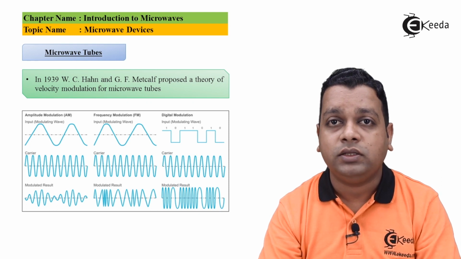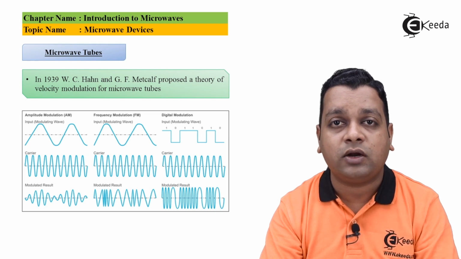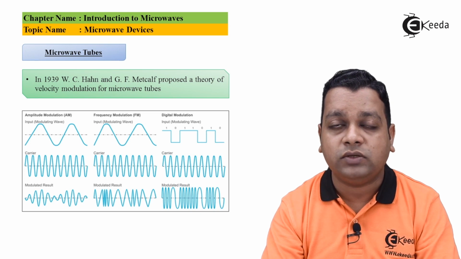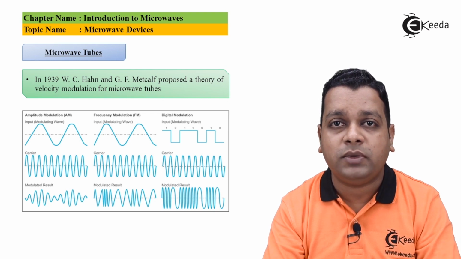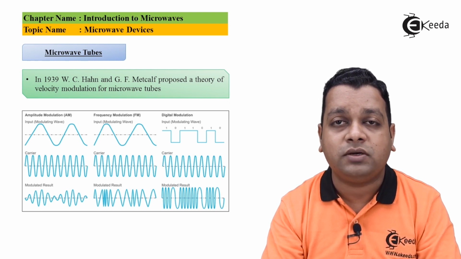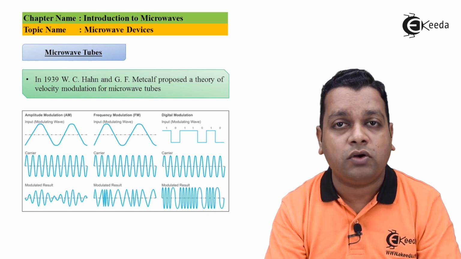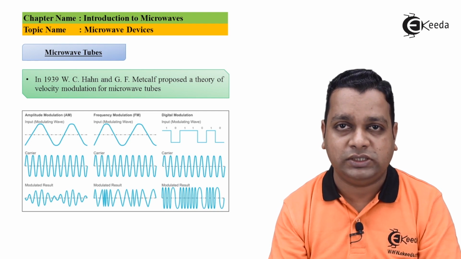Either the speed of the electron will be increased, in terms of velocity we can say the electron is accelerated, or if the speed is decreased, we can say the electron is decelerated. You must be very well familiar with the term modulation with respect to communication, where there is amplitude modulation, frequency modulation, or some kind of digital modulation.